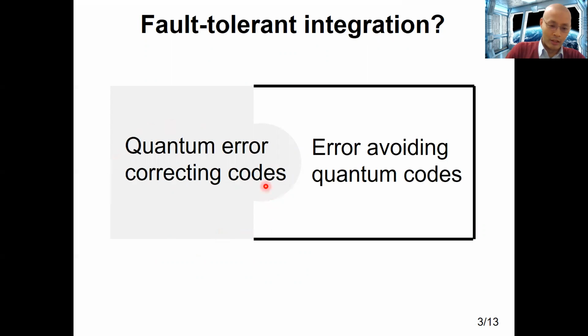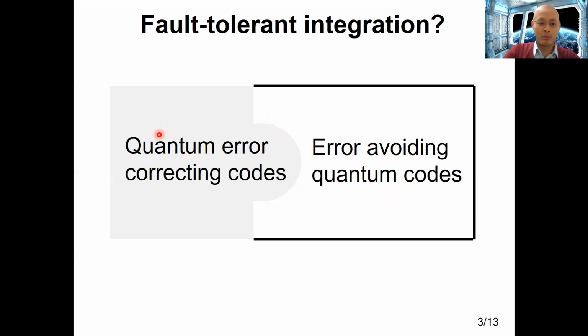However, the field of quantum error correcting codes is very mature and has a very well-developed theory for fault tolerance. And this brings the question, well, it's really nice to have error avoiding codes because you can completely avoid, say, coherent phase errors. But what about fault tolerance?